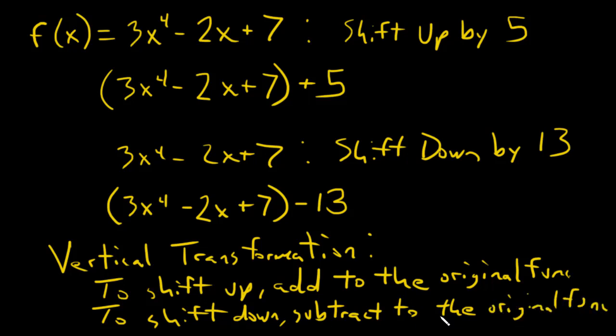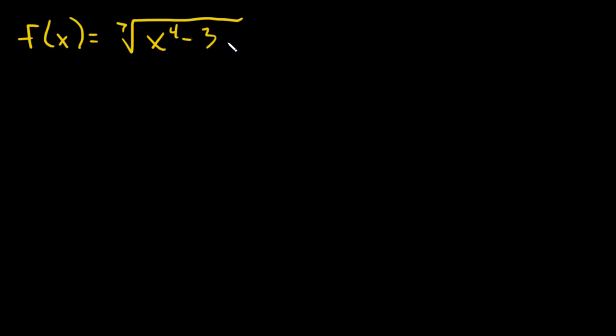Okay? So, let's do another example. Clear this. So if I have maybe f of x is equal to the 7th root of x to the 4th plus 3x. This is going to be my original function.